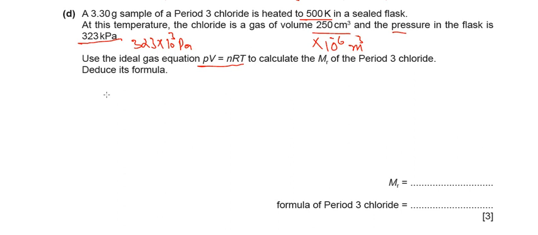Now you have to use this formula, PV equals nRT. Mass is already given, so here I'm going to put the value of n.